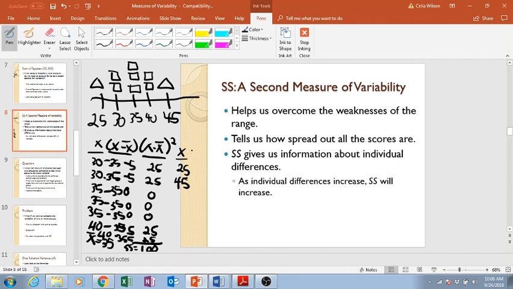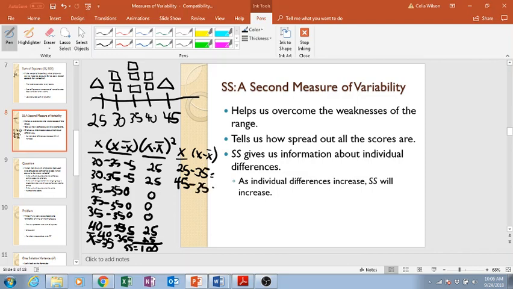All right. So before I calculate the deviation score, I have to think, did those affect the mean at all? Or is 35 still that balance point? Yeah, it is still that balance point. So I'm going to subtract 35 from both of these.